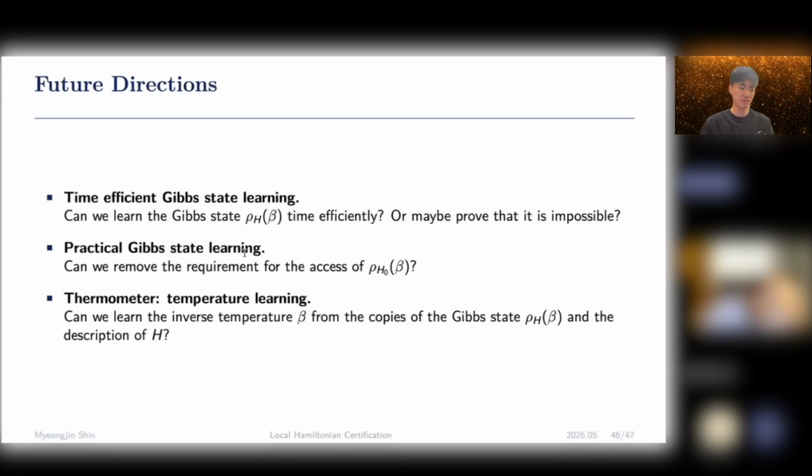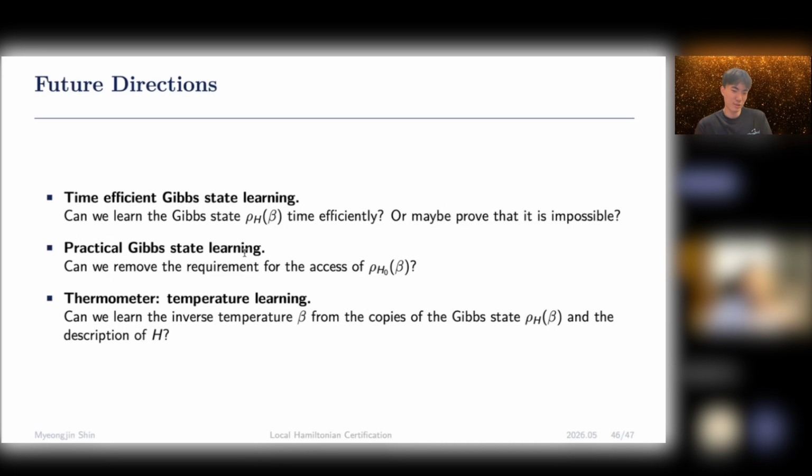copy of rho, the Gibbs state of the answer Hamiltonian H0, which is an assumption that is not that practical, because often we try to do certification to check whether the implementation or the outcome of the algorithm is correct and correctly implemented as intended.